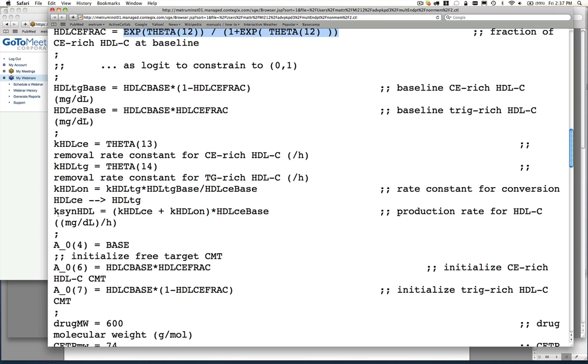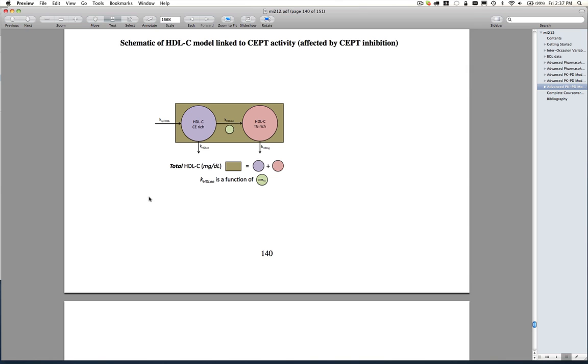And we're also solving for the synthesis rate for HDL as a function of, again, the removal rate for these cholesterol ester-rich particles based on the transfer to triglyceride-rich and the initial condition for this particular transit compartment.